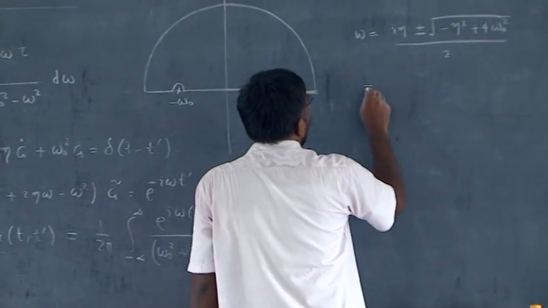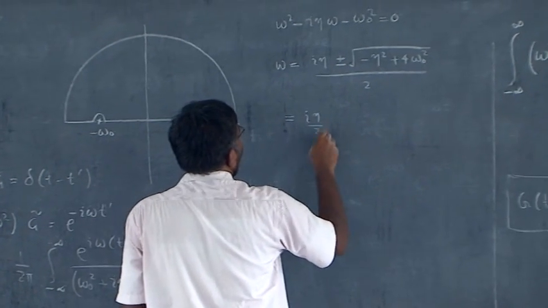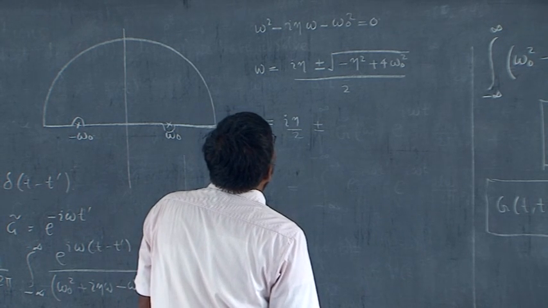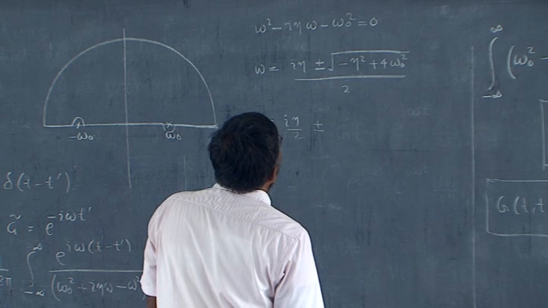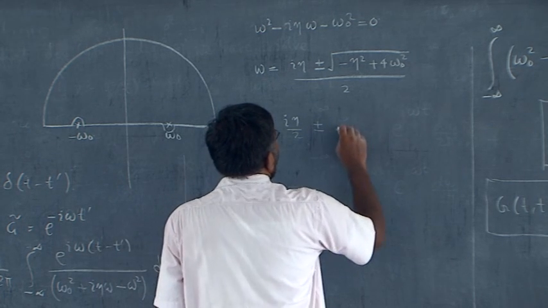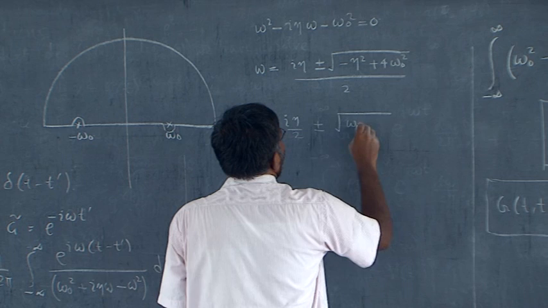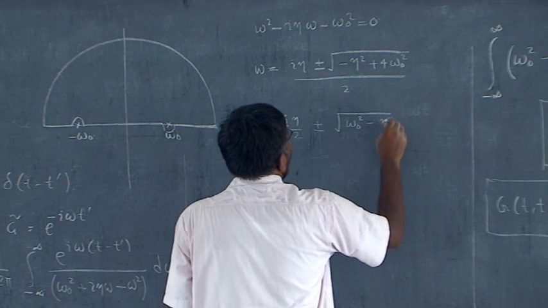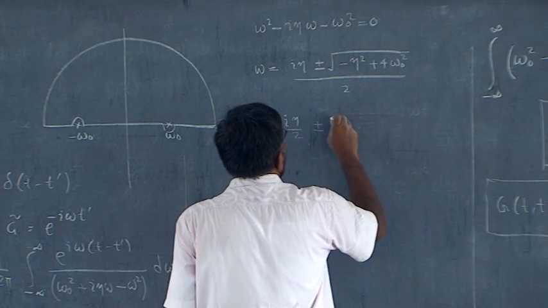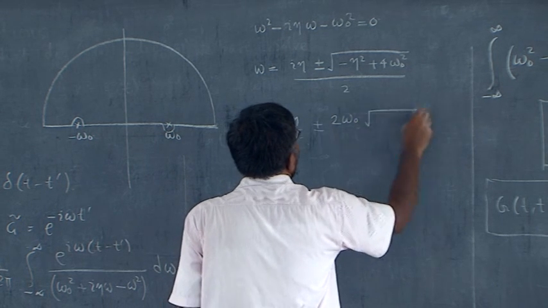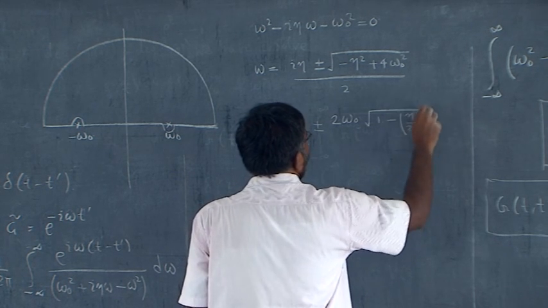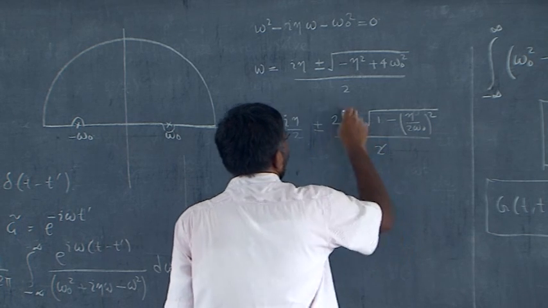So you will have I eta by 2 plus minus square root of omega naught square minus, or if I pull out that omega naught also, so 2 omega naught square root of 1 minus (eta by 2 omega naught) whole square, divided by 2, and this will get cancelled away.